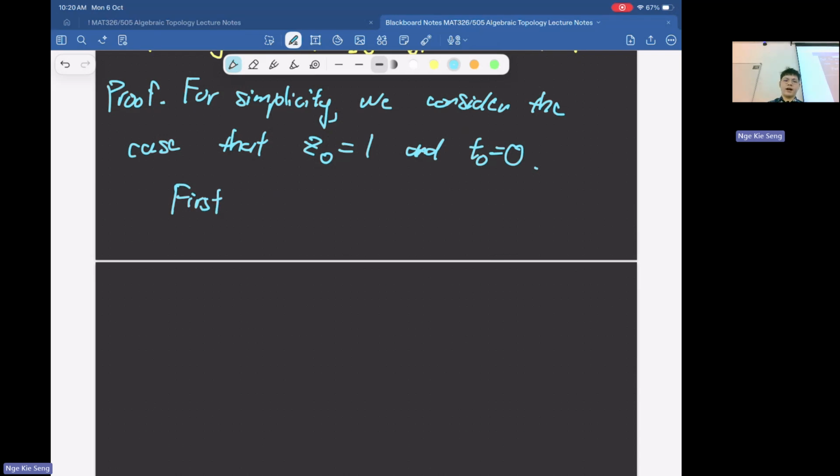Second is to check they are good homomorphisms. And third is to show that they are isomorphisms. This constitutes the whole proof. So let's do homomorphism, and I'll show you how we use the lemma. First, let's show that theta from pi 1 of X1 to Z is well defined.